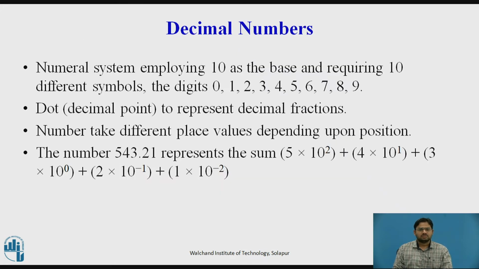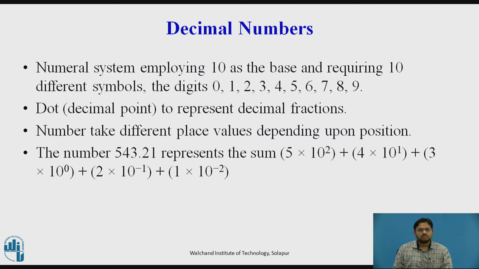Decimal number system: the name itself suggests decimals. It is a count of 10. The decimal number system has 10 symbols, as I already discussed: 0, 1, 2, 3, 4, 5, 6, 7, 8, 9.